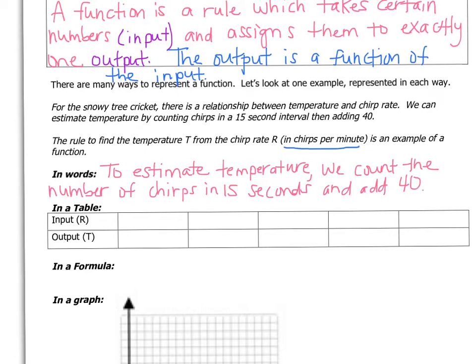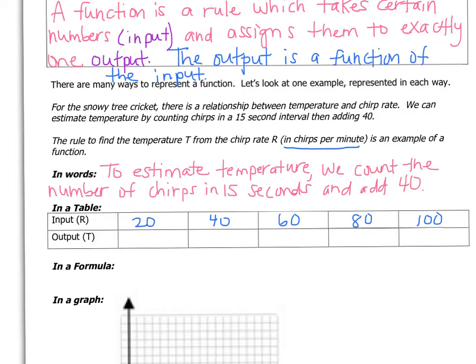And I'm just making up some input values. So let's say that we have 20 chirps per minute, 40 chirps per minute, 60 chirps per minute, 80, and then 100 chirps per minute. So now what we need to do is, with those chirps per minute, we need to figure out the output, okay?